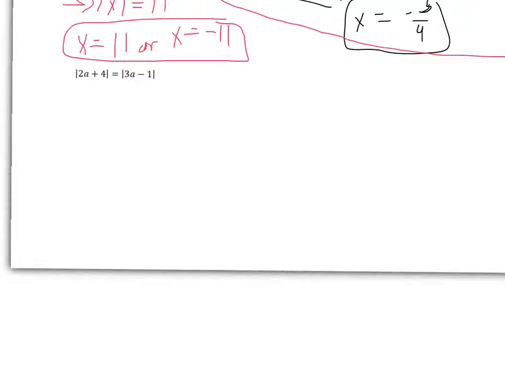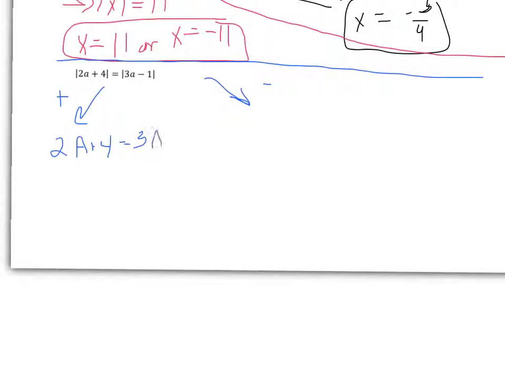So this last one, kind of a similar situation going on. We have absolute value of an equation equals absolute value of an equation. There's still two cases. There's a positive case where we leave both sides positive, and then there's a negative case where we make one of the sides negative. So let's do the positive case, and then we'll do the negative case. So we get 2a plus 4 equals 3a minus 1, or we have 2a plus 4 equals negative 3a minus 1.